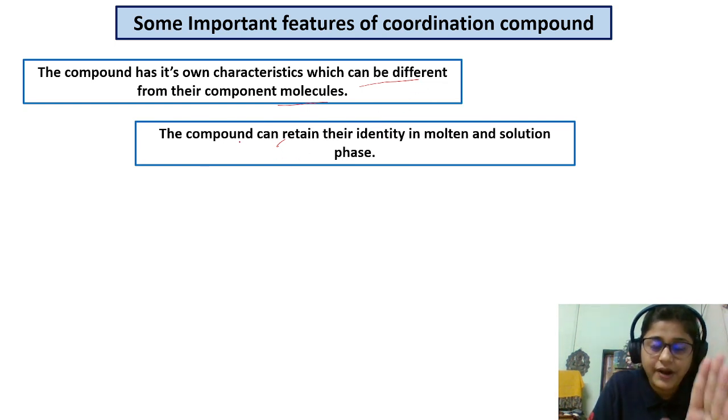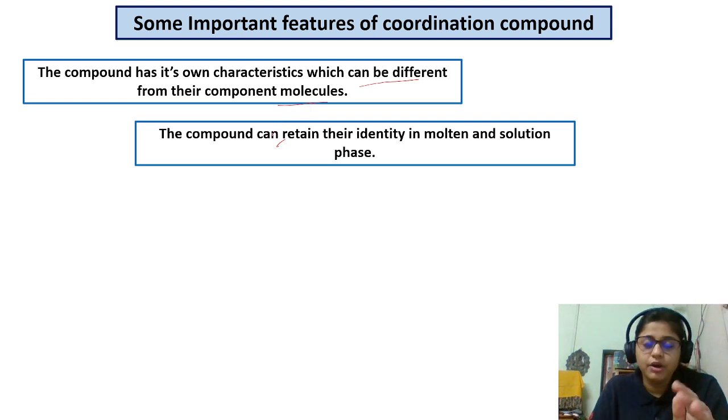So for your understanding, if you are not a talkative person, if you are a shy person, and now you are going to a party or wedding where everyone is there, let's take it as the solution phase.